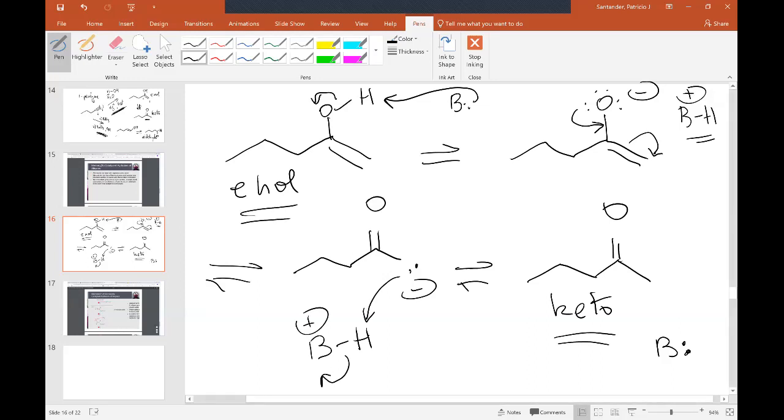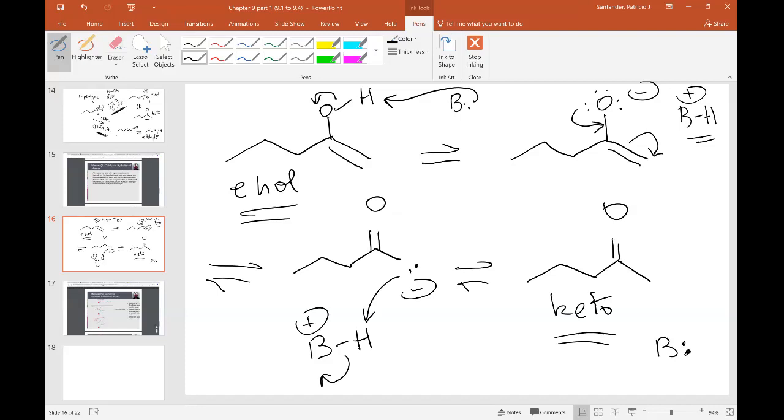Keto-enol tautomerization. It is a rearrangement reaction in essence, because the molecular formula is the same, but the attachment of the groups is different. There is a big difference between a tautomerization and resonance structures.